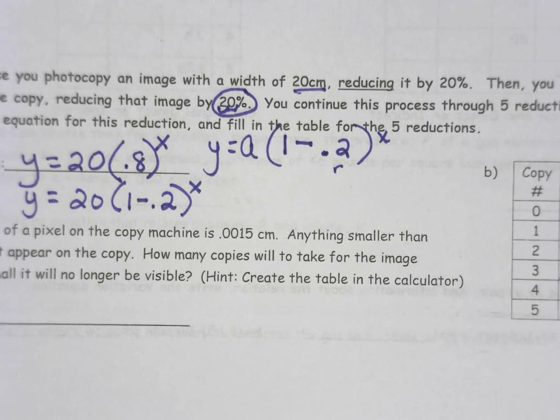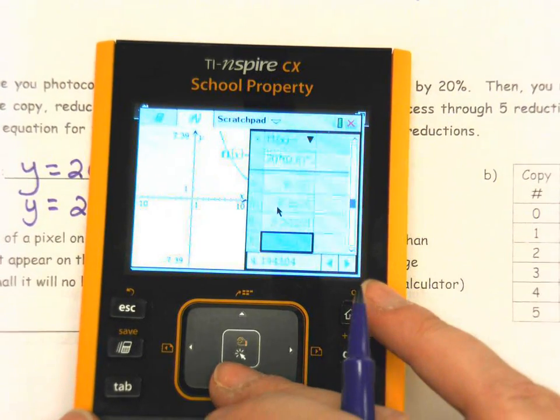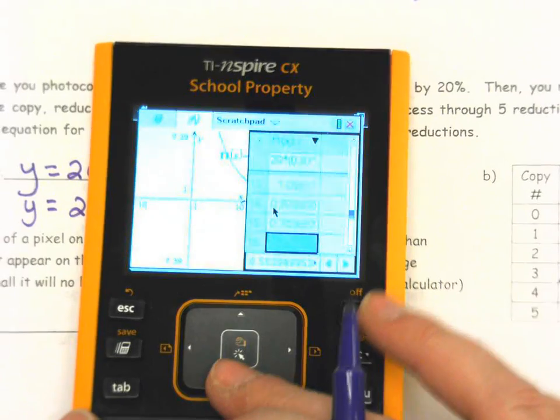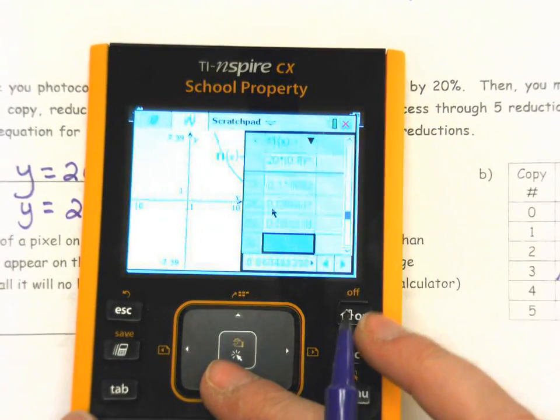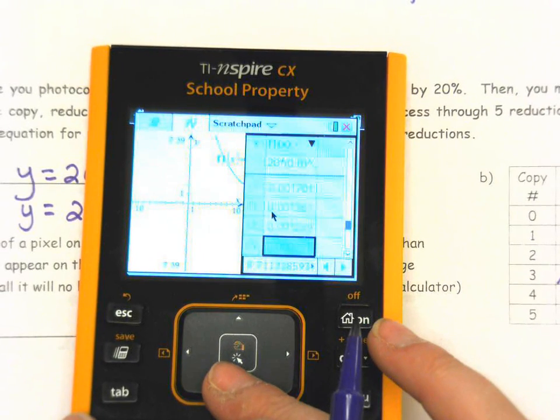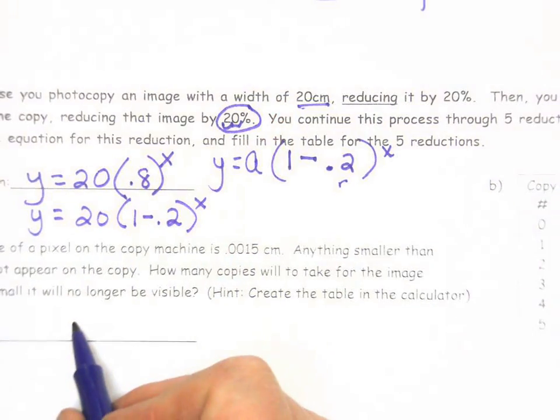And so we could just use this, and we could keep going down until we have 0.015, and we can see right here it would be about 43 copies.